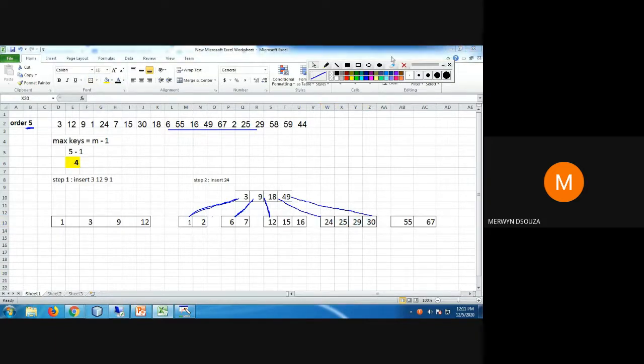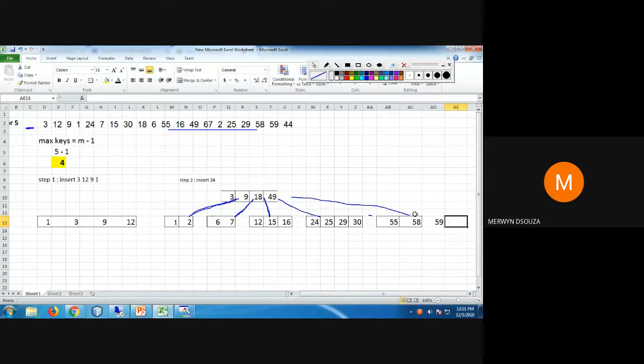This branch, I'll just wipe it out from here. So you are having this branch here now. Then 58, 59 will come here, so you will have 58, 59 and 67.